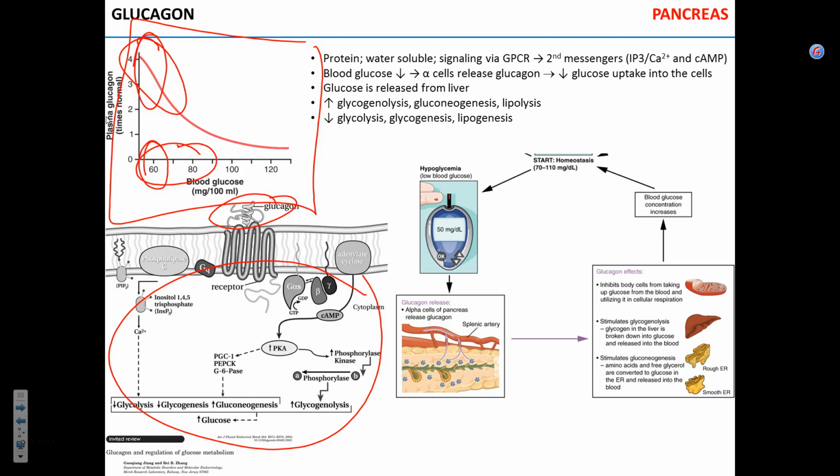Make sense? Now, think about this. If insulin stimulates glycolysis, glycogenesis, and lipogenesis, then glucagon will stimulate what? In order to increase blood glucose, what should we do with glycogen that's already been synthesized?